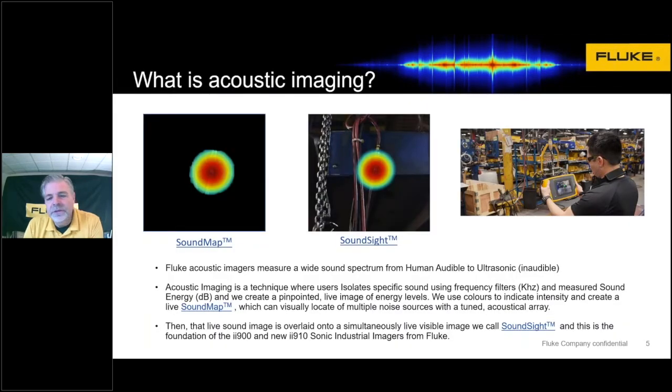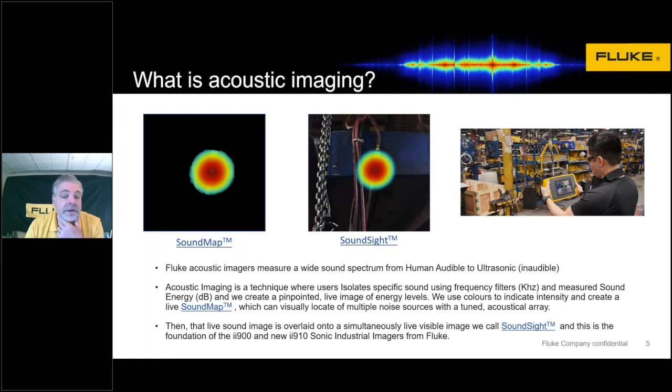So what is acoustical imaging? Some people will look at this image and think it looks like a thermal image, and it's similar in the sense that we take information from a sound perspective and overlay it on top of a visible light image. So what we do is we take sound from the human audible range all the way through to the ultrasonic range.